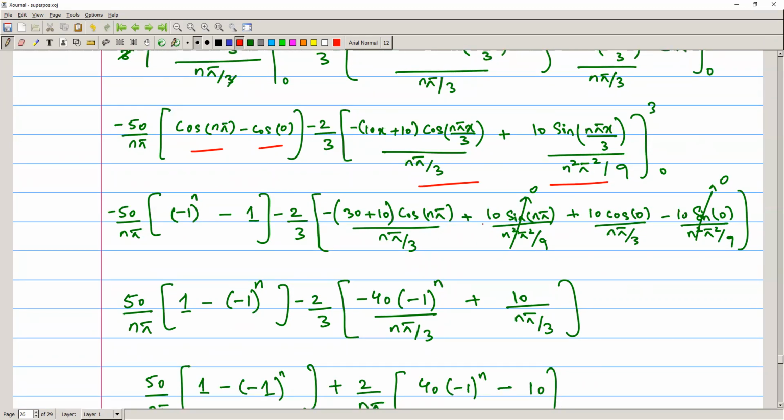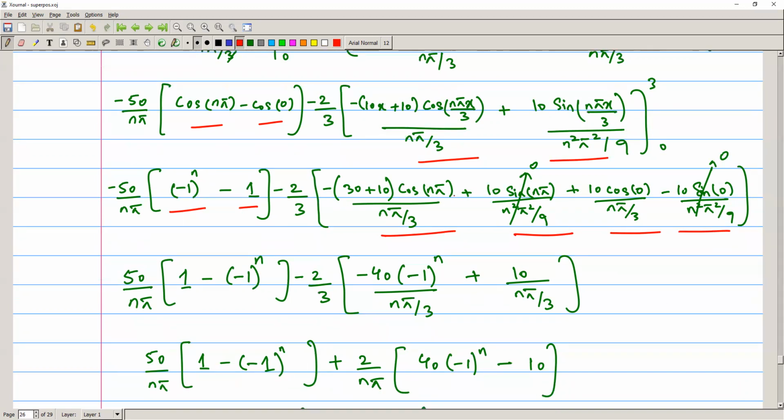And here cos n pi is equal to negative 1 to the power n, and cos 0 is 1, right? So we plug the values here, and then negative 2 over 3 times this whole bracket, right? And then here sine n pi will be 0, and sine 0 will also be 0, so we'll only be left with these two elements inside the bracket.